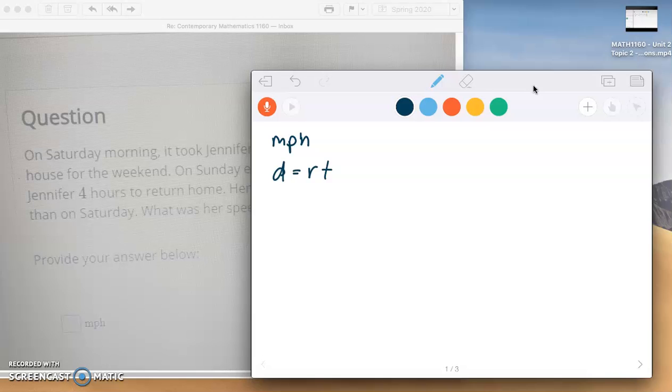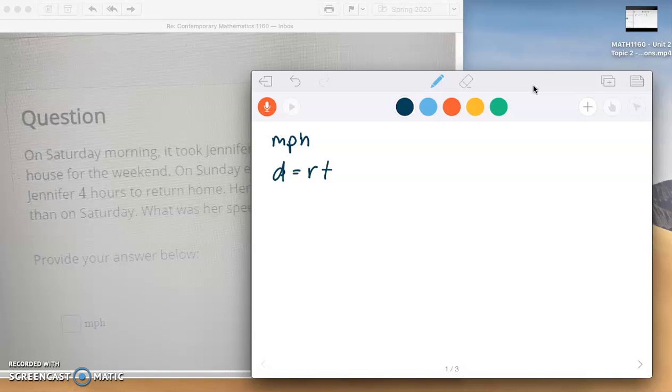So let's say we have rate, I'm going to write rate with a little s just for now. And then I can't even use an s because it's Saturday and Sunday. So let's use rate 1 and rate 2, just to show you what it looks like.